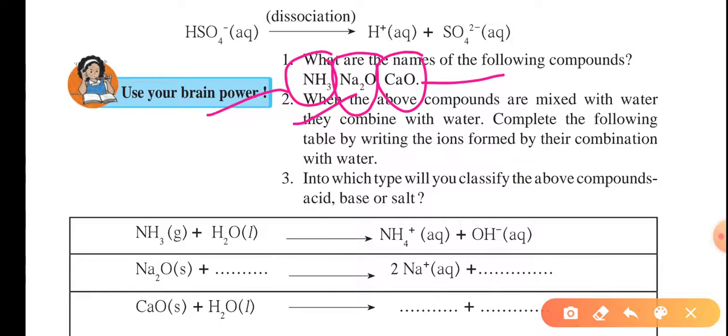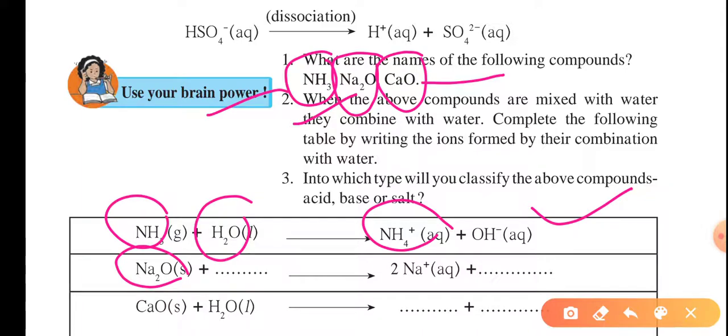What happens when we mix ammonia with water? We get ammonium and OH- ions. So we are getting OH- ions. When sodium oxide combines with water, it gives Na+ ions and OH- ions.